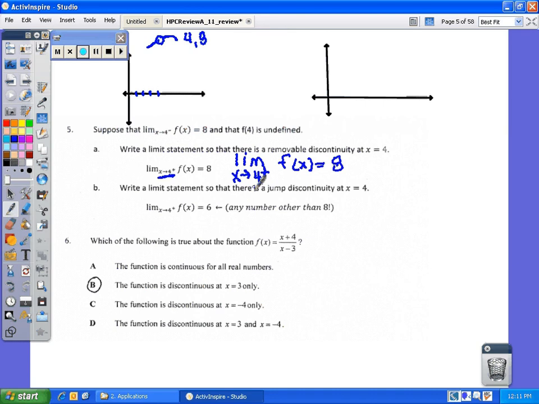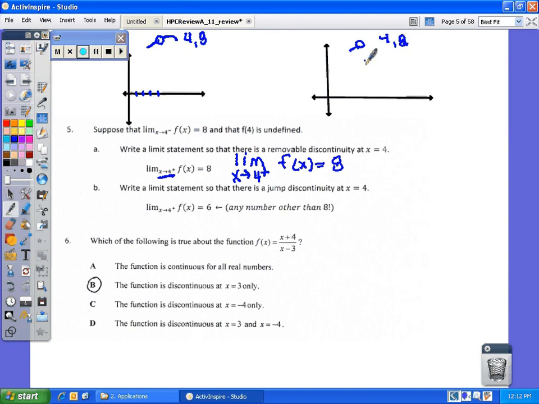Now let us assume once again that we have a position at (4, 8) where we have a hole, and as you're coming in from the left side, you hit this hole at (4, 8). But the other part of your graph, coming from the other side of 4, is not a hole, but it is a jump discontinuity. And I can pick any number I want for y except 8. So I have chosen 6.